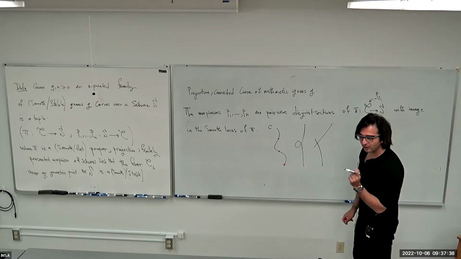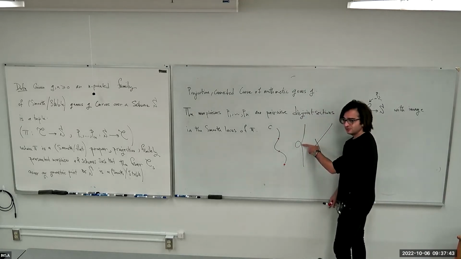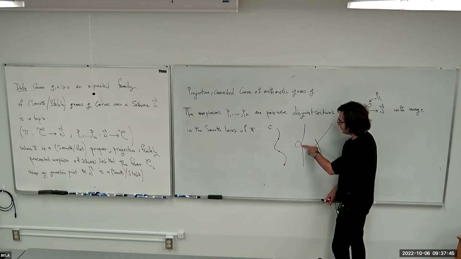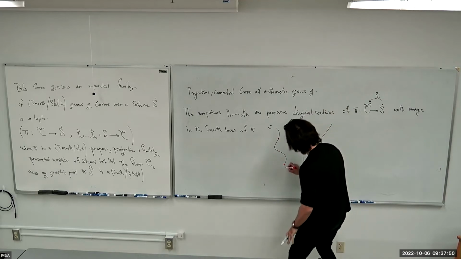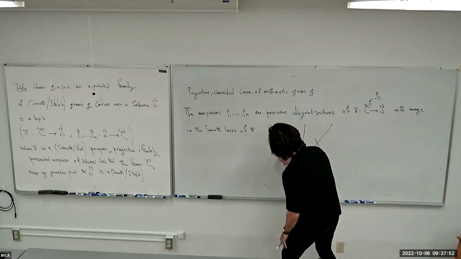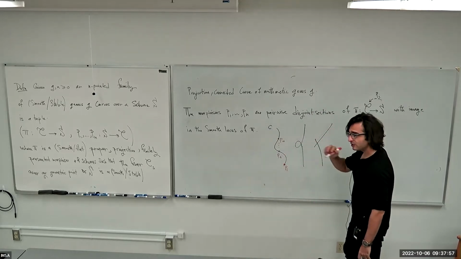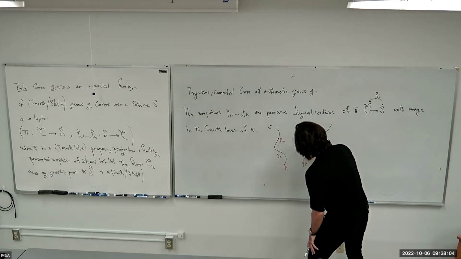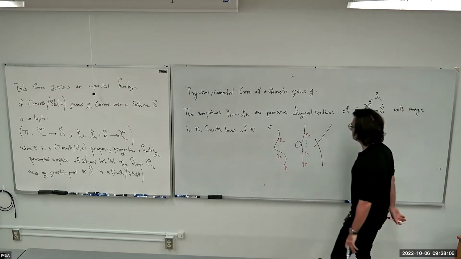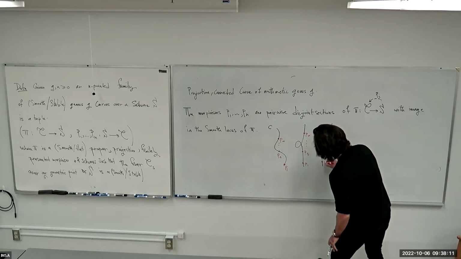These are smooth mark points. We can have nodes, which obviously are not in the smooth locus, but the markings need to be on the smooth part of the curve. So I can put markings here, P1, P2, Pn, and for the rest of these curves too, P1, P2, Pn.